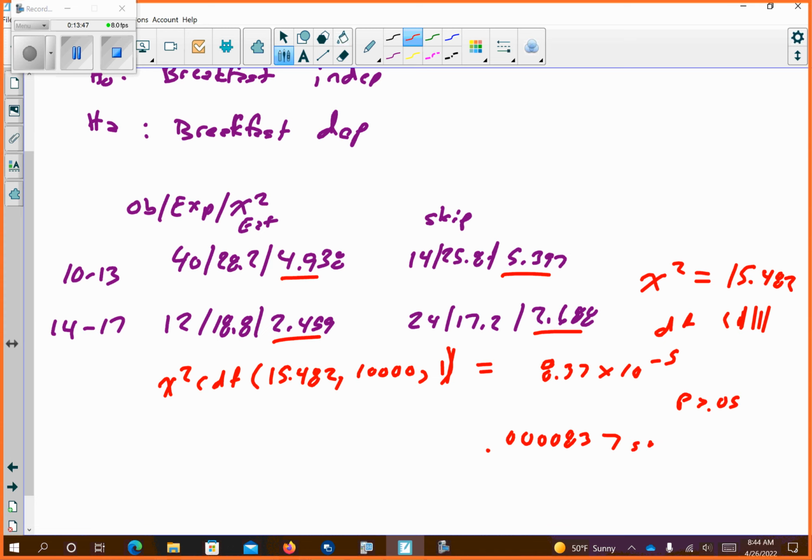This is smaller, so we can reject the null. And we find that these breakfast habits are dependent on age of students. So that's basically what we do. Do you have what we need on that one?